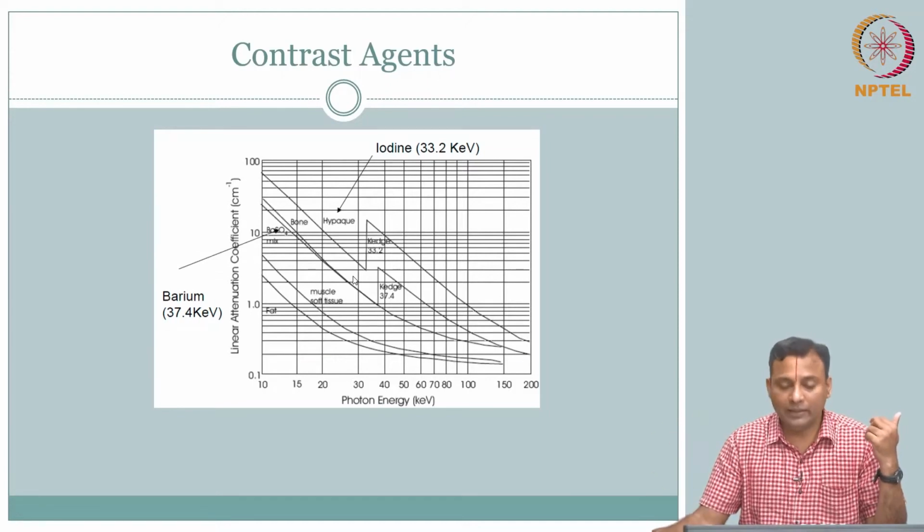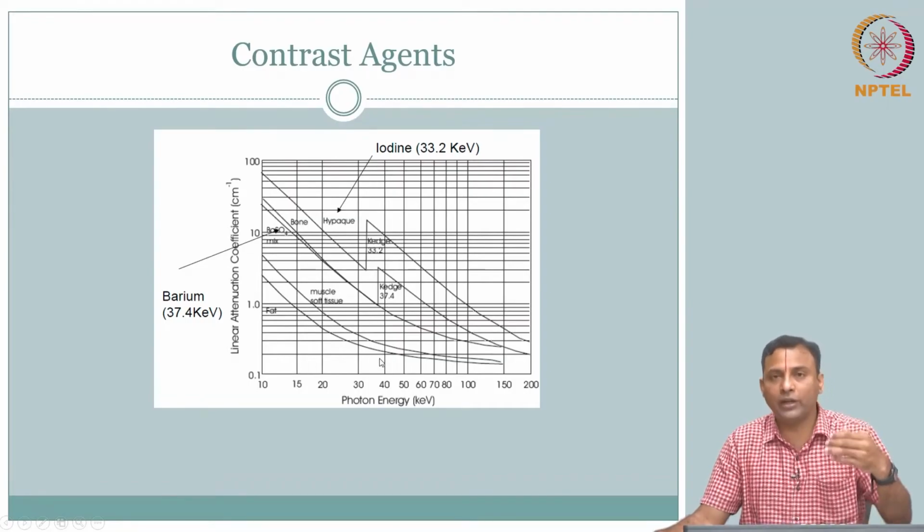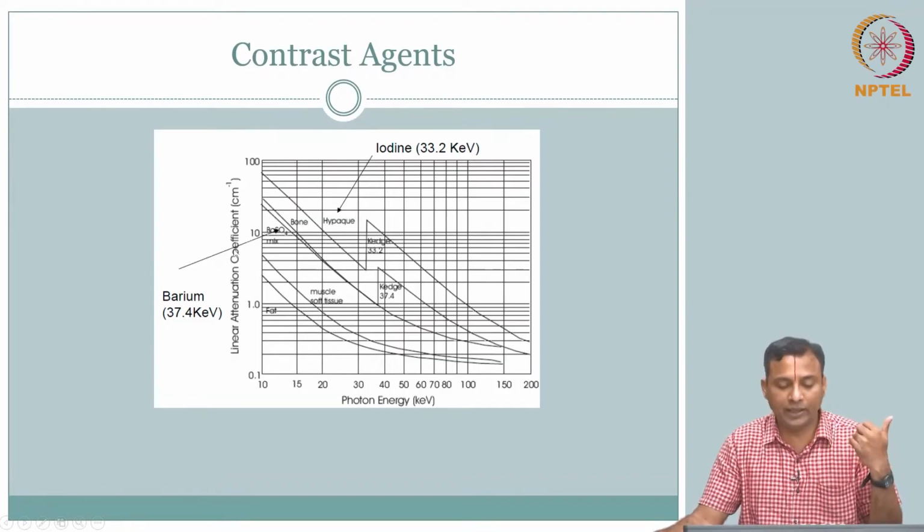And it turns out that you can choose your compound so that a material property, the K shell binding energy, is close to your diagnostic X-ray energy. Here are examples of an iodine compound and barium where the K shell binding energy falls within the X-ray energy of interest.